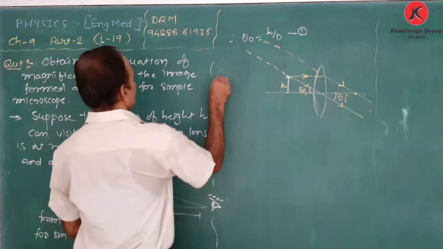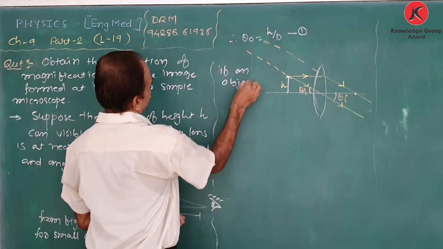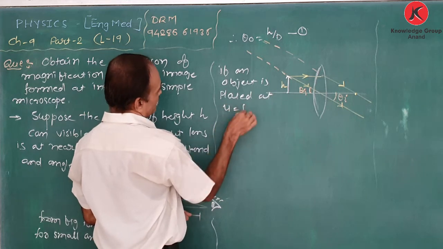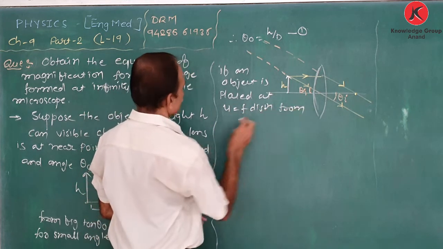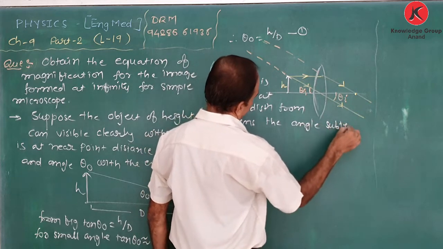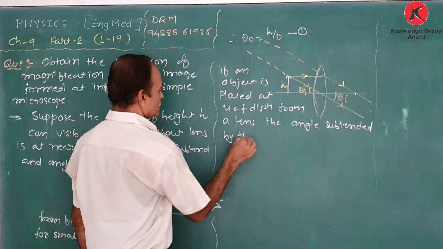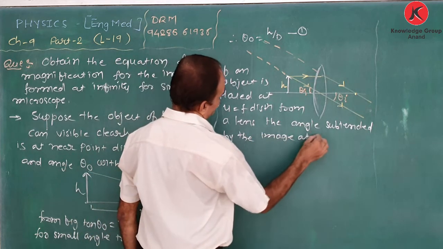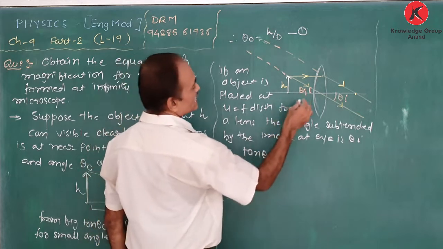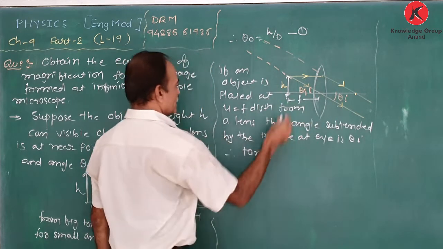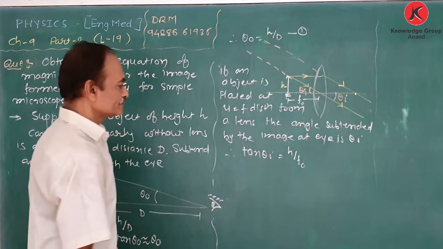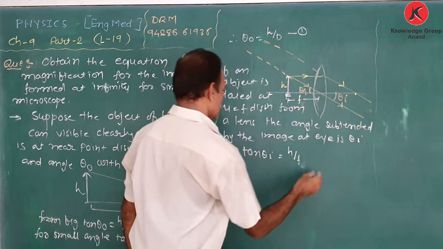For that purpose, if the object is placed at u equal to f distance from the lens, the angle subtended by the image is theta I. Therefore tan theta I is equal to h upon f.